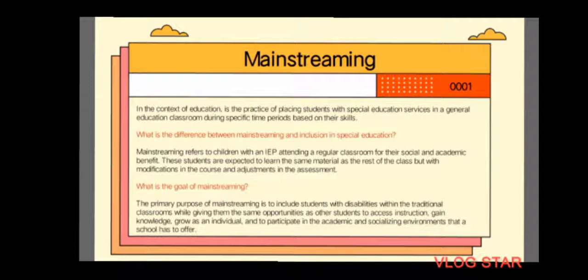Mainstreaming is the practice of educating students with special needs in regular classes during specific time periods based on their individual skills. The mainstreaming model began to be used as a result of the requirement to place children in the least restrictive environment.